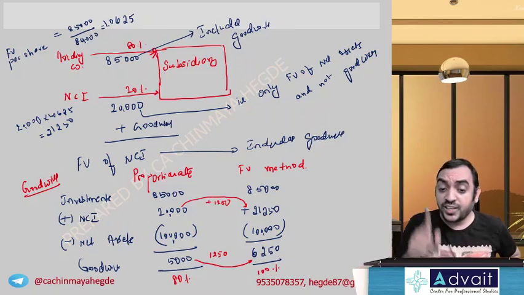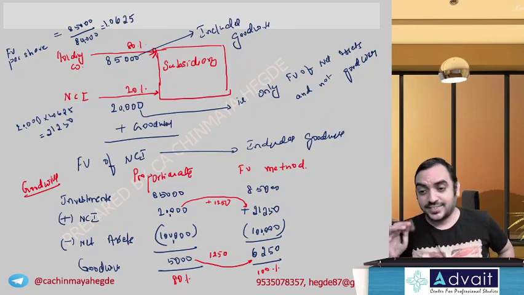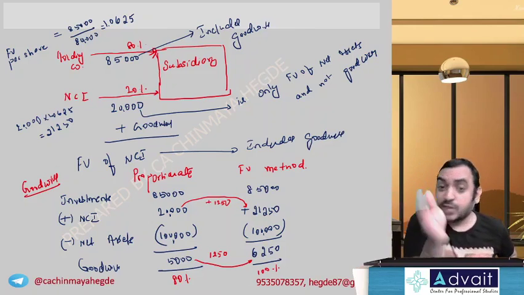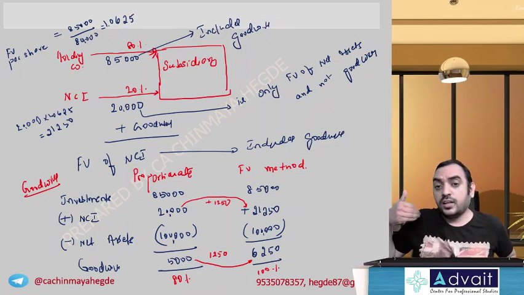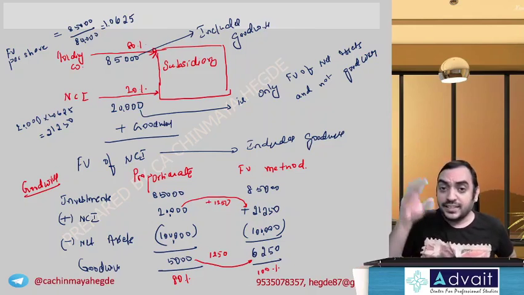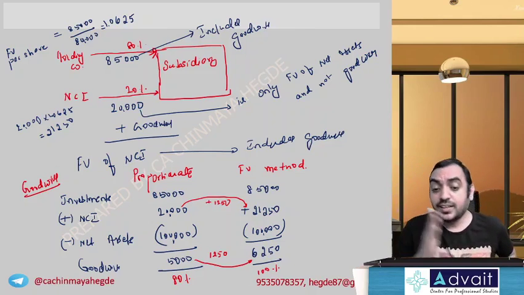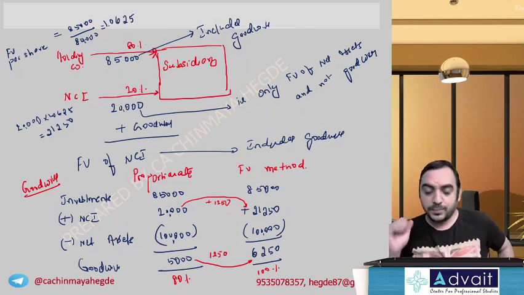So when you value the NCI on a fair value basis, the increase is the goodwill attributable to the NCI, which gets added to the goodwill of the overall entity. Thereby goodwill is also valued on a full basis instead of only on a proportionate basis.